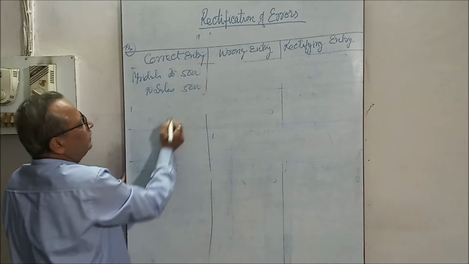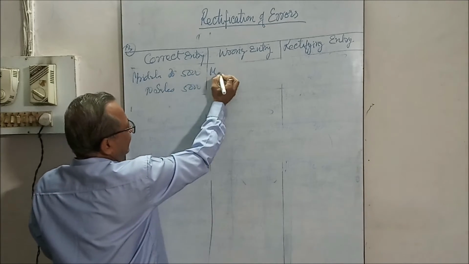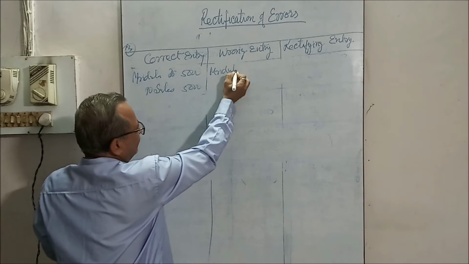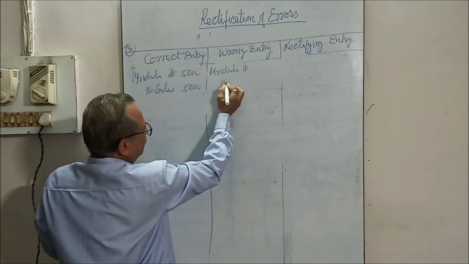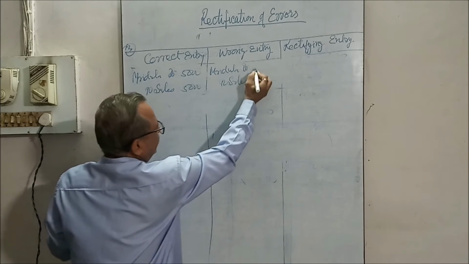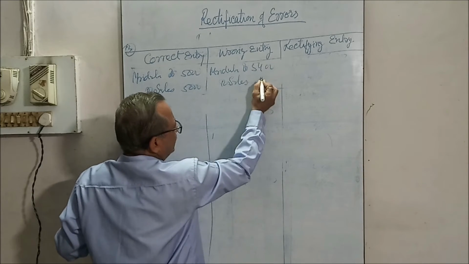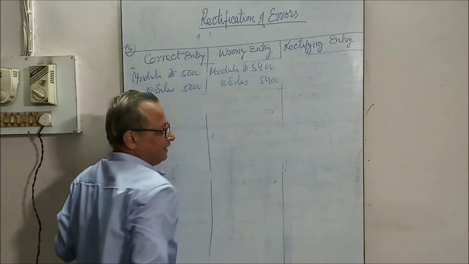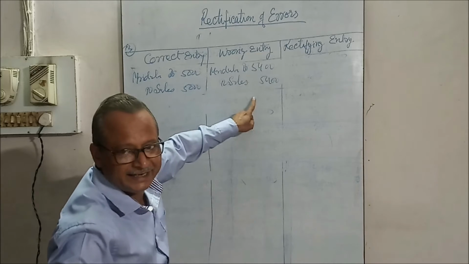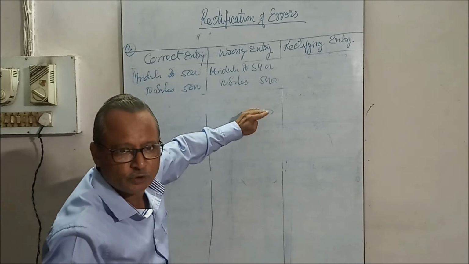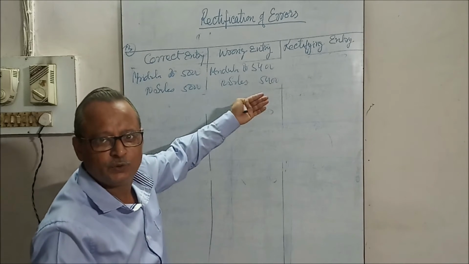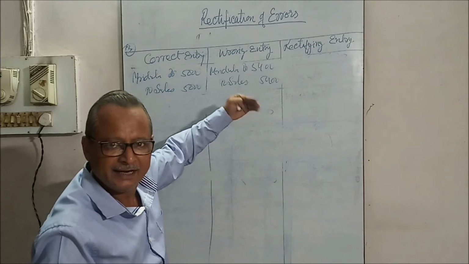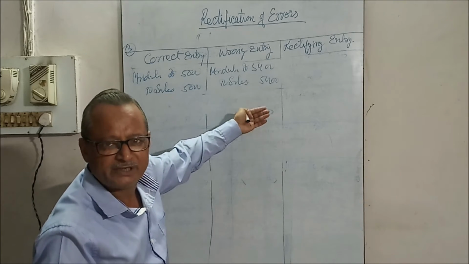Entered as Mridula debit to sales 5,400. The excess debit to Mridula, excess credit to sales. So that should be reversed to correct the mistake.